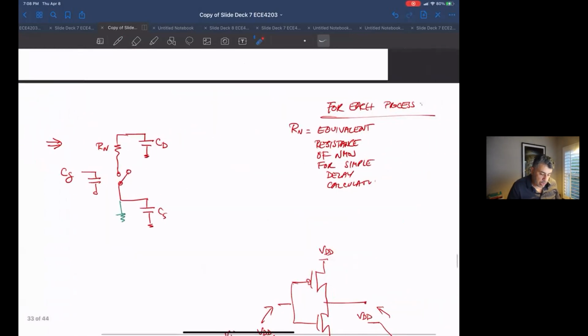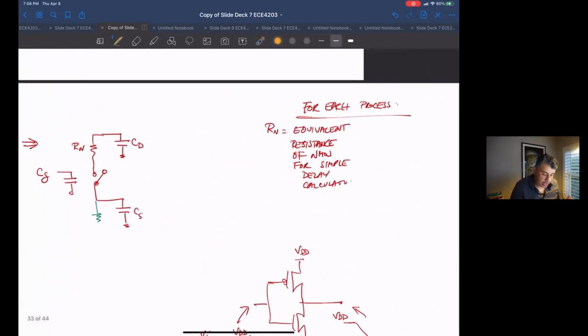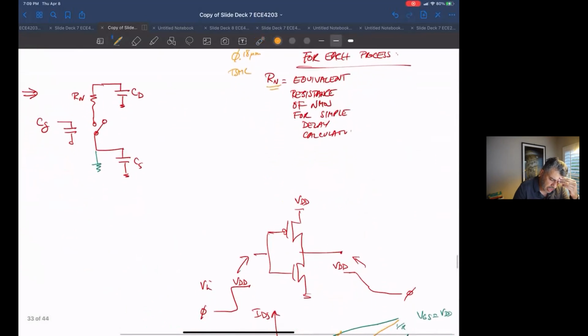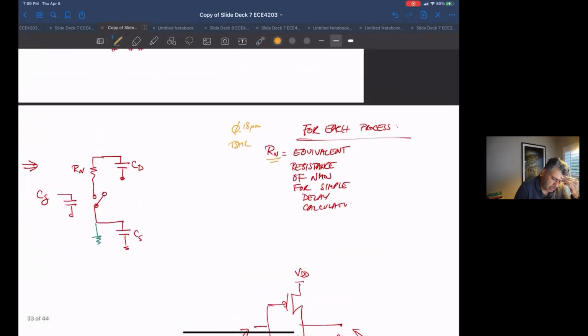Okay, so if you look in the book in chapter 8, you'll see that our process, which is the 0.18 micron TSMC process, the NMOSFETs have a particular value for R sub n. Okay, and that's given in terms of resistance per unit width. I forgot what it is, I think it's around 2 point something kilo ohms per micron.